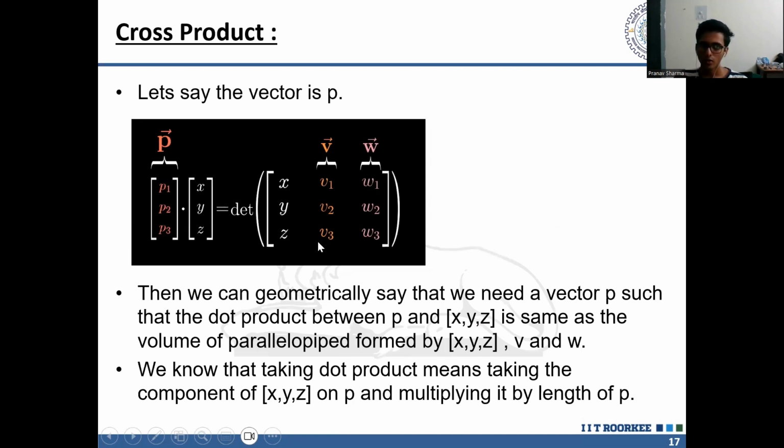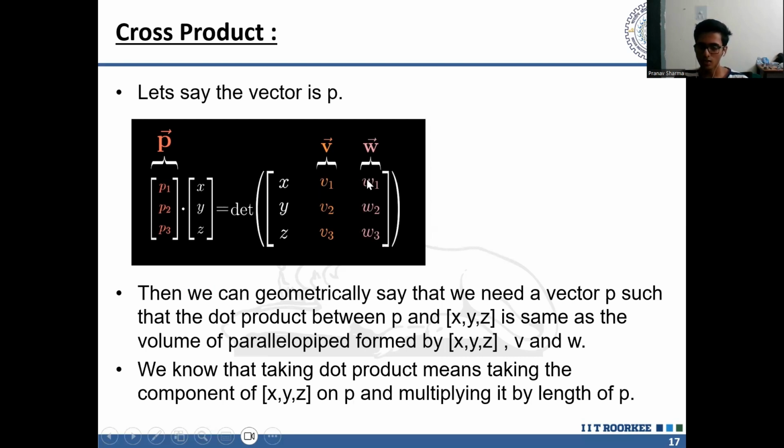Now, where does volume come into the notion? We saw earlier that the determinant gives the area of those vectors, and for 3D it gives the volume. So, when we take the determinant of these three vectors, it gives the volume of the parallelepiped formed by these three vectors.